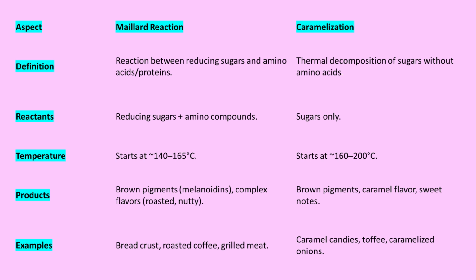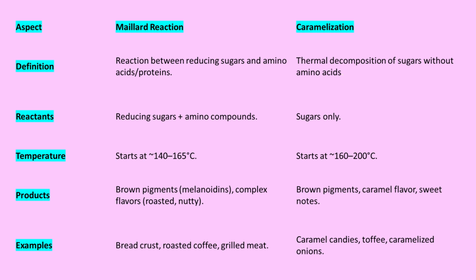The reactants for Maillard reaction are reducing sugars and amino compounds, whereas caramelization involves sugars only. The Maillard reaction usually starts at around 140 to 165 degrees Celsius, while caramelization starts at a slightly higher range, around 160 to 200 degrees Celsius.